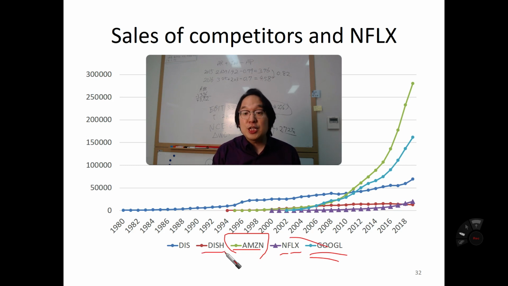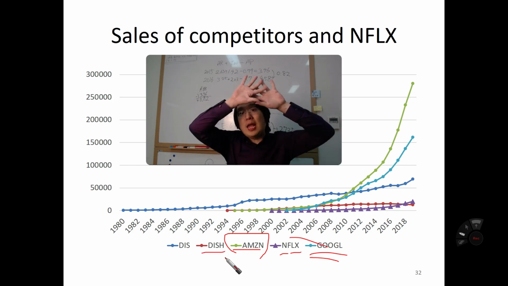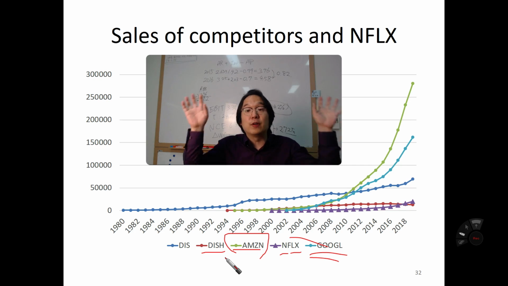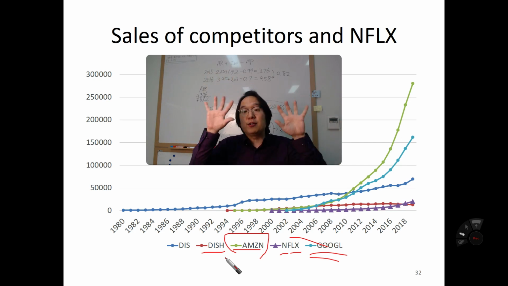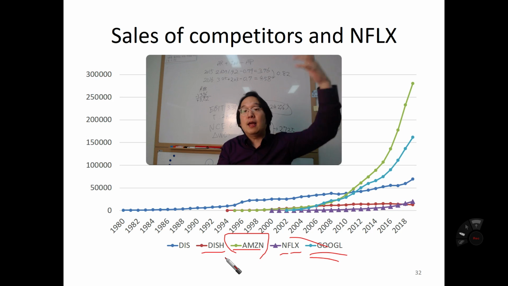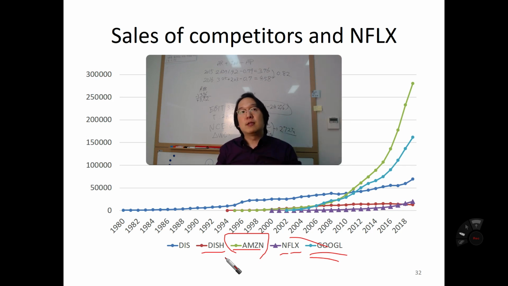And then Dish Network, what is it? This one was cable TV kind of guys. They were using satellite antennas to transmit their television network, broadcasting, Dish Network. And then here is Walt Disney, Universal Pictures, you went there, right?